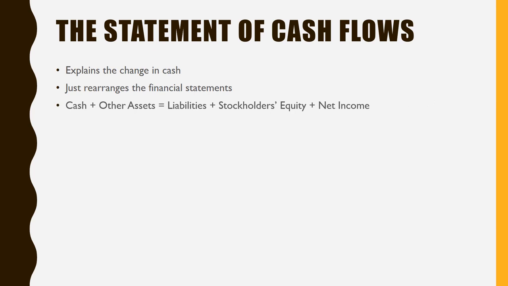If we think about our basic accounting equation, cash plus all your other assets equals liabilities plus stockholders' equity plus net income. We'll assume the net income hasn't already been closed.